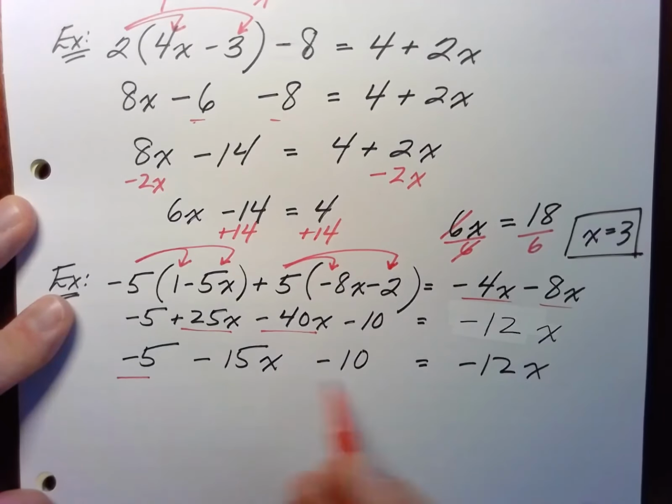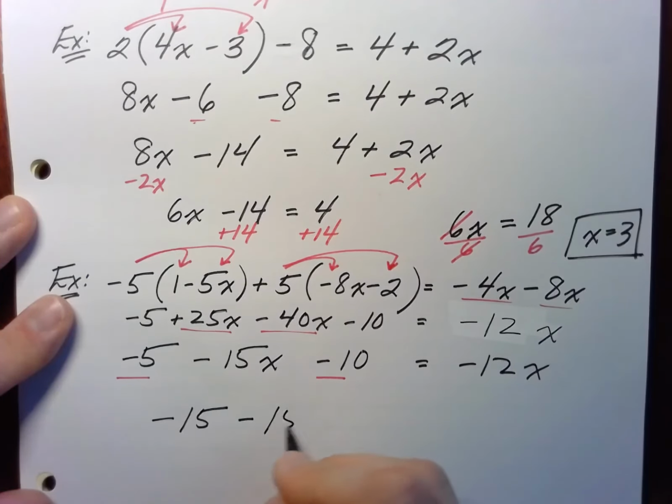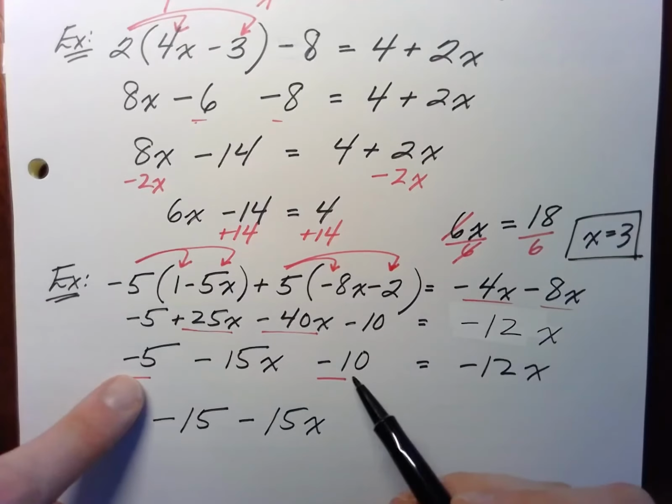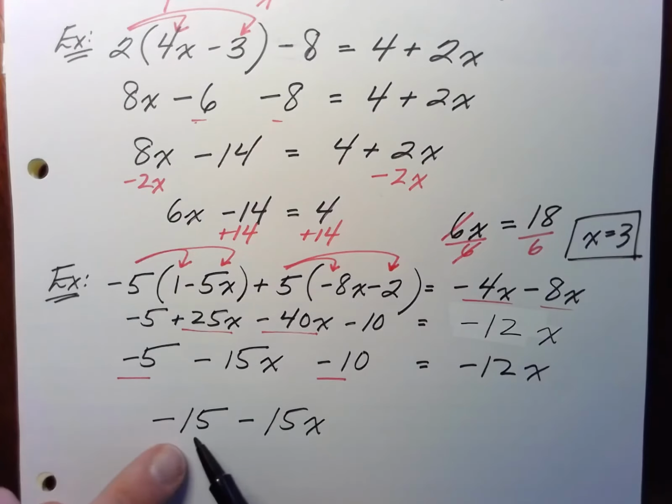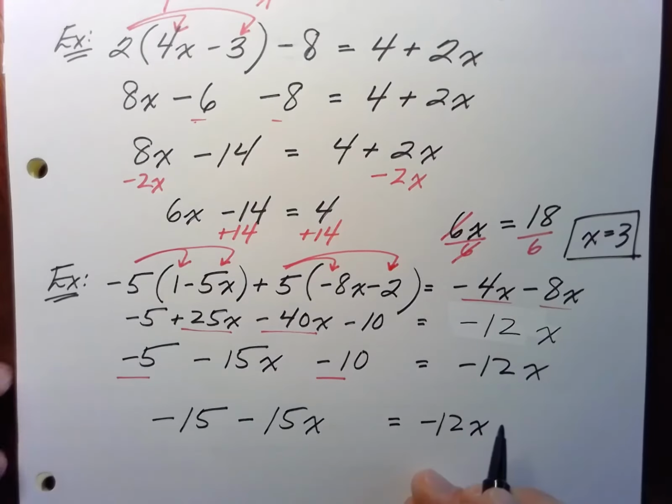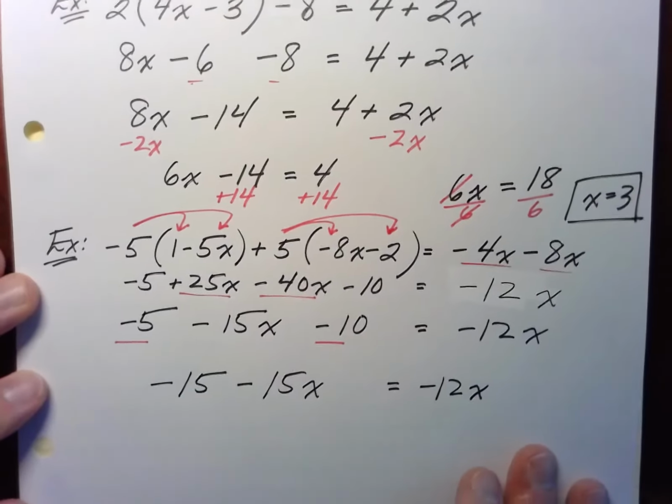Now I can go through and combine those two and get a minus 15x. So notice that these two, the minus 5 and the minus 10, came together to give me this minus 15. And that negative 15x is still the negative 15x. And I have not touched the right at all.